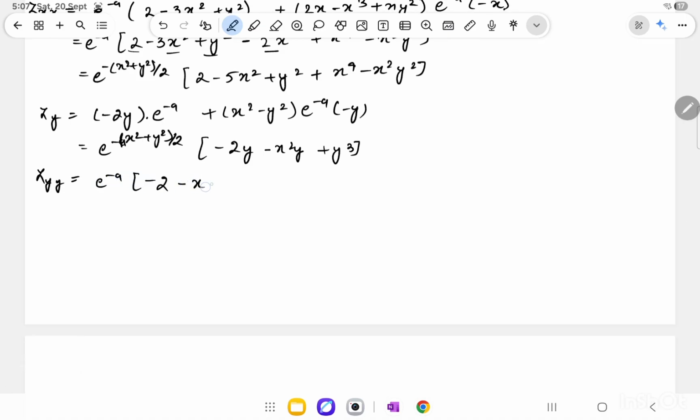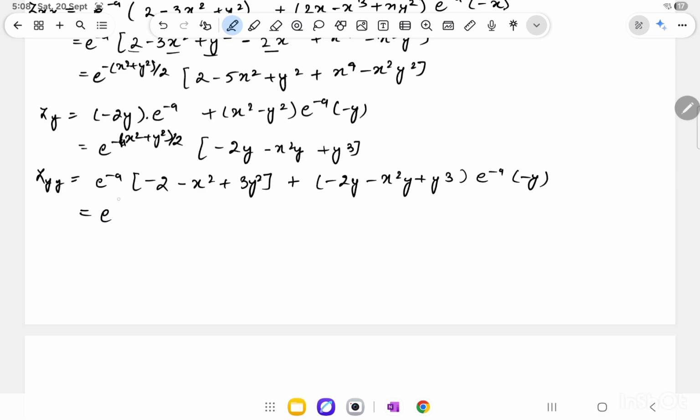plus minus 2y minus x square y plus y cube into e raised minus a into minus y.